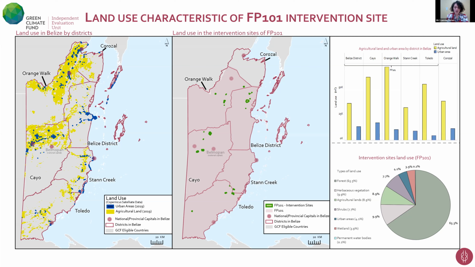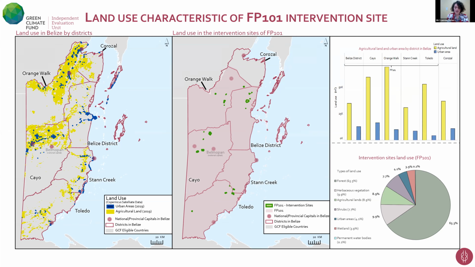The bar chart on the top right matches the color scheme of yellow and blue, summarizing the amount of agricultural and urban area for each of the districts in Belize. As shown in the bar chart, Corozal, a district excluded from FP101, has one of the least amounts of agricultural land in Belize. On the right map, the intervention site of the project is colored in green.